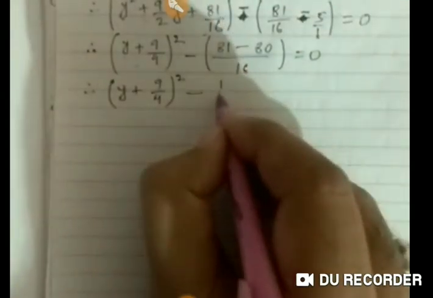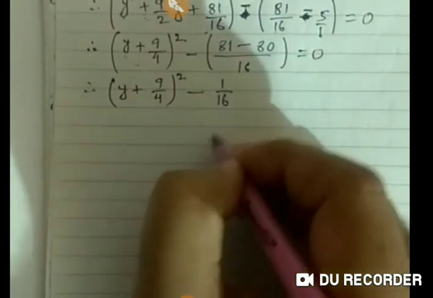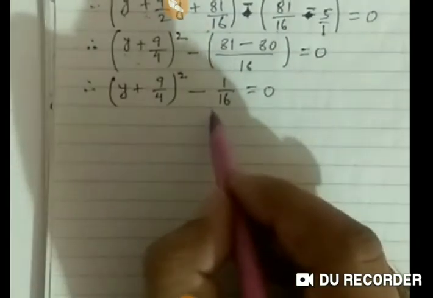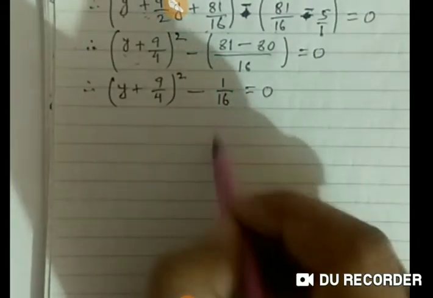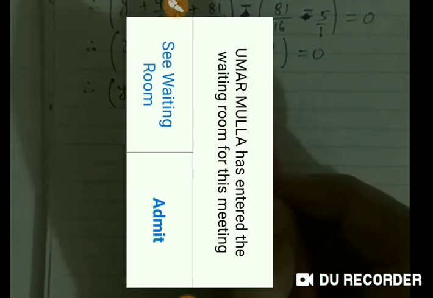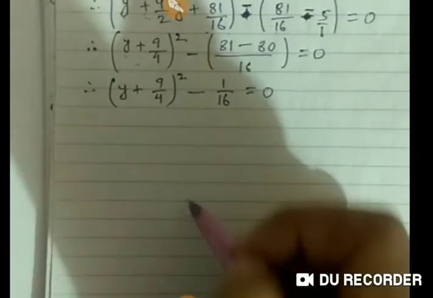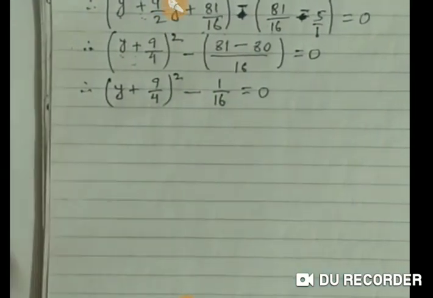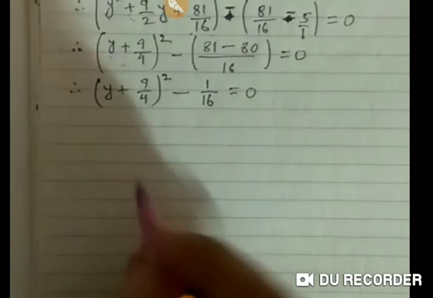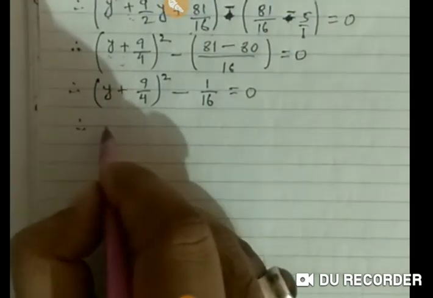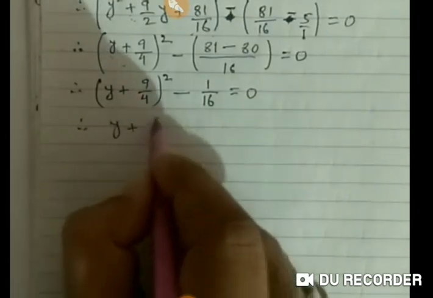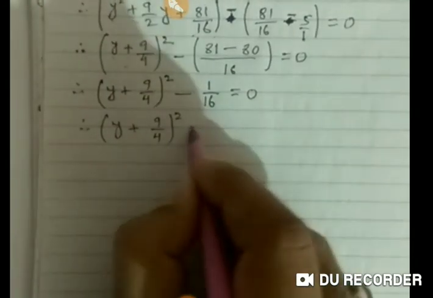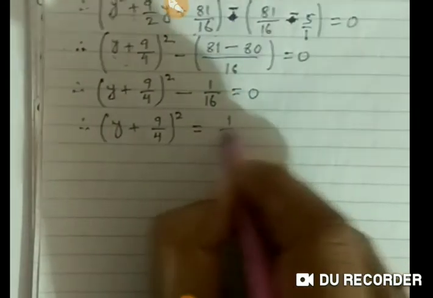So here I'll take minus 1 upon 16 equals to 0. Now this negative 1 upon 16 can be transposed to the right hand side. When you transpose this minus 1 by 16 to the right hand side, it will become plus 1 by 16. So you can write it as y plus 9 by 4 whole square is equal to positive 1 by 16.